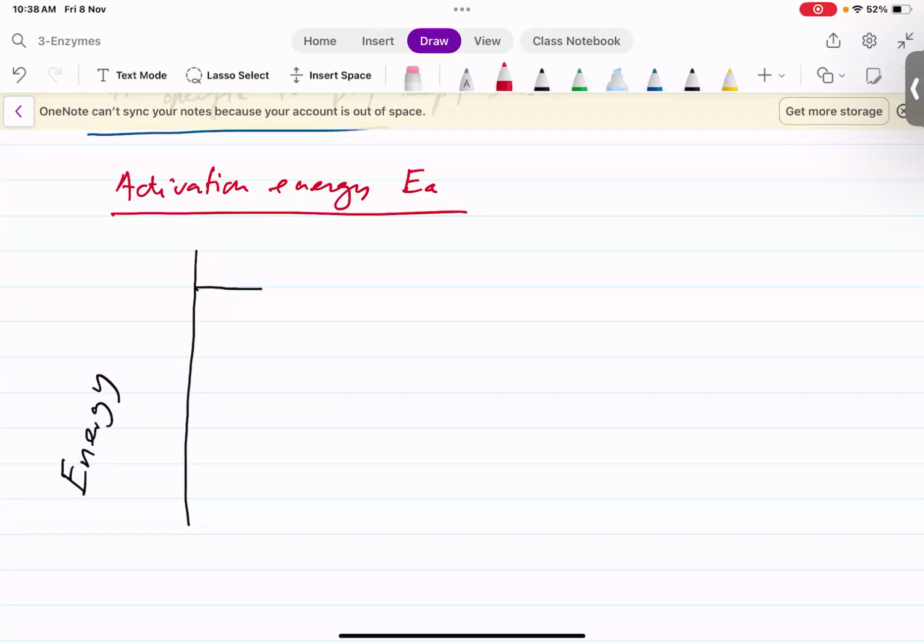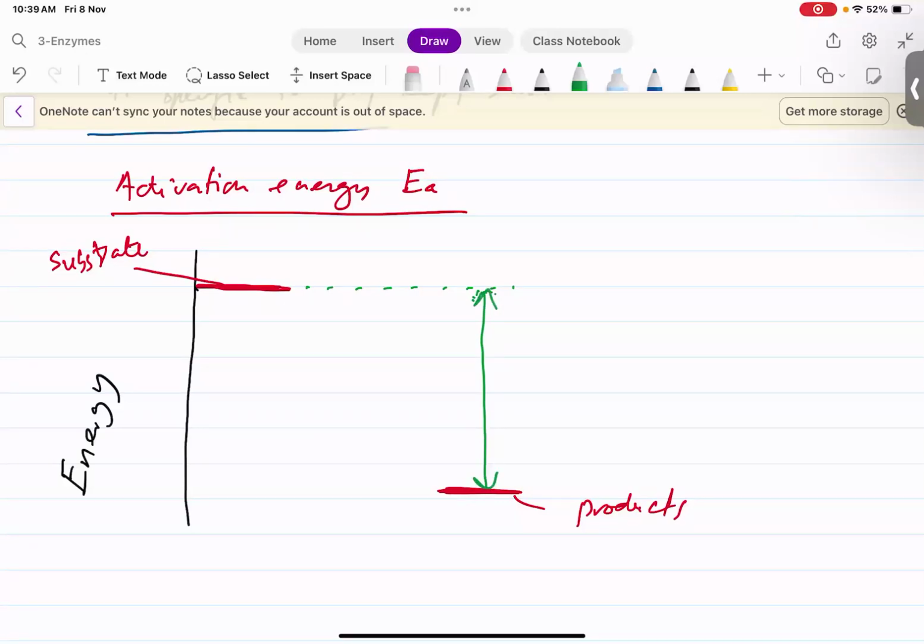If this is, for example, glucose or any other substrate, it has some specific chemical potential energy. If glucose is broken down to carbon dioxide and water, they have some chemical potential energy which is lower than that of glucose. So if this is a substrate and these are the products, and the substrate has higher chemical potential energy and the products have lower chemical potential energy, then there will be a net change of energy, known as an enthalpy change, or minus delta E. This is the change in energy between substrate and product. So this would be an exothermic reaction.